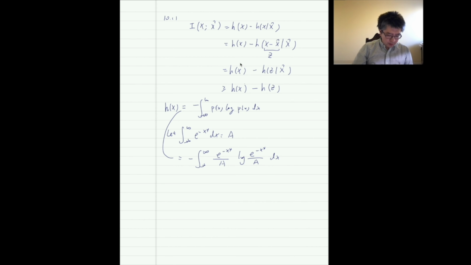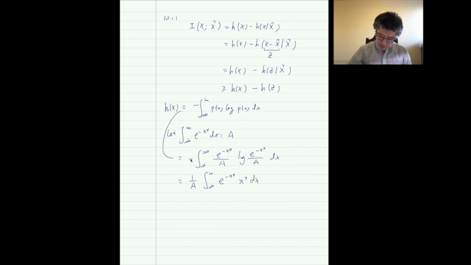Now we can separate it into two parts. The first part is that we can take 1 over a out. The first term is log e to the power of negative x^4, so if we take this out we'll have x^4, and the negative sign can be cancelled.